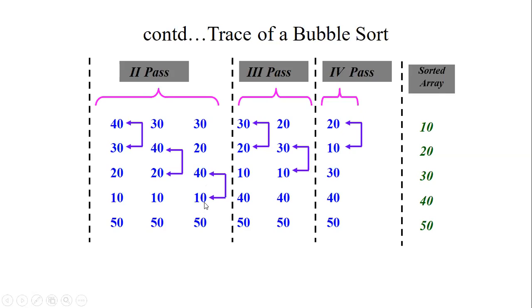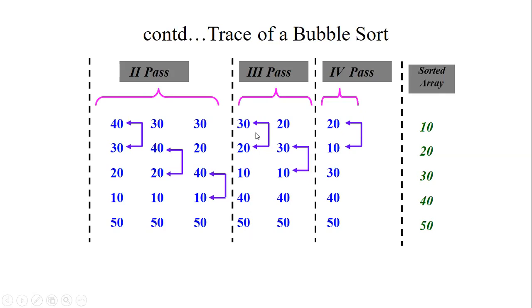Now 40 and 10 are compared, and since 10 is less than 40, both get exchanged for 30, 20, 10, 40. Then 40 and 50 are compared again. Since 50 is the largest number in the array, there is no need to compare it again. So the new data arrangement will be 30, 20, 10, 40 and 50.